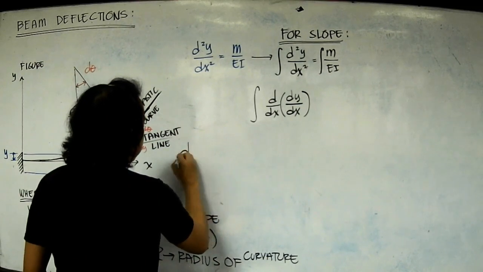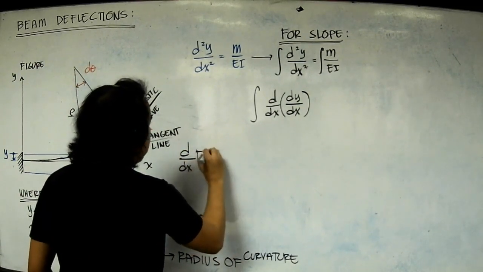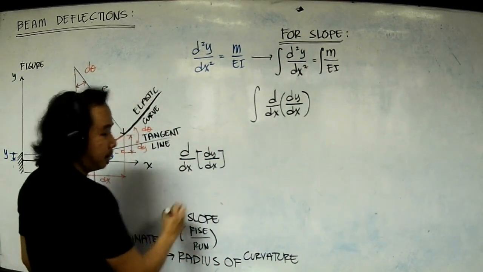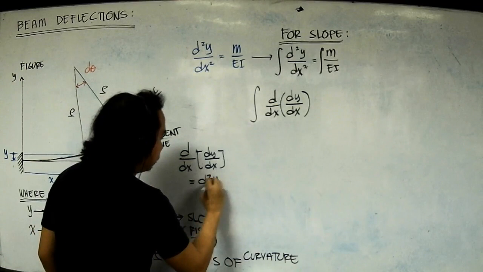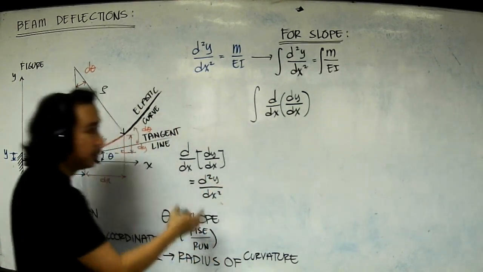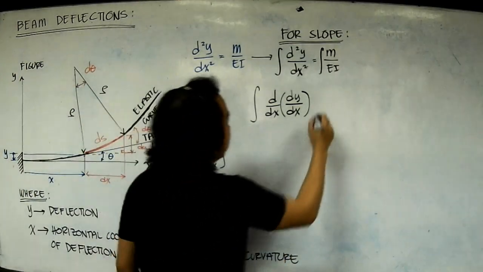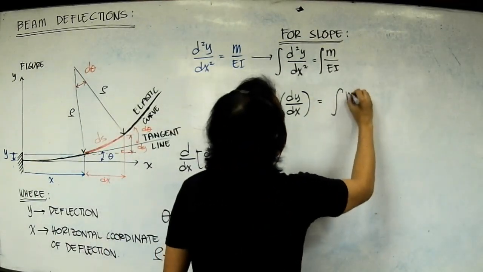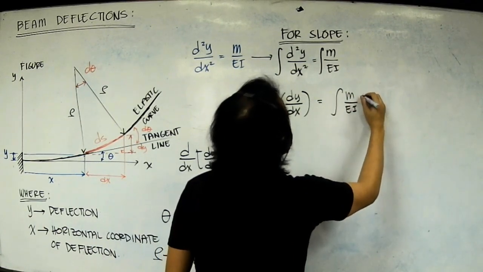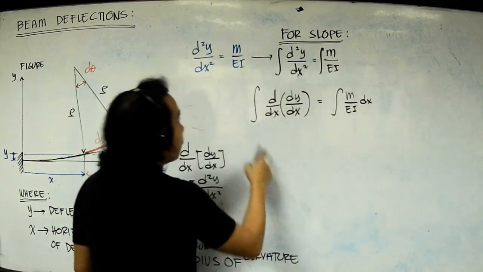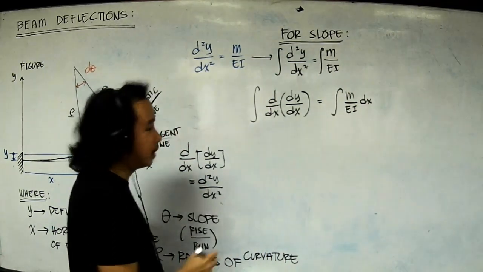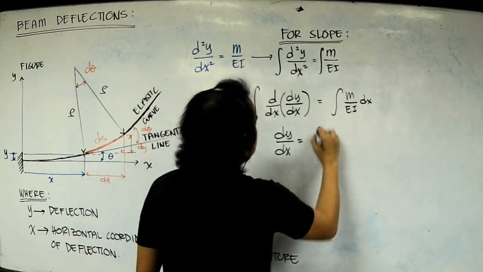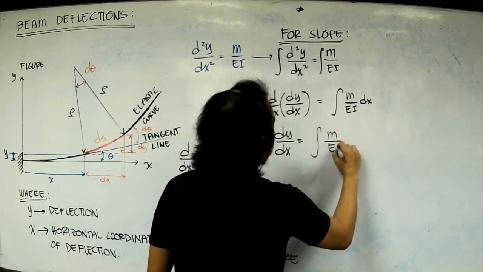Via calculus, we differentiate the first derivative and we will have the second derivative. There is no dx differential, so both operations cancel out. So I get dy/dx is equal to the integral of M over EI dx.